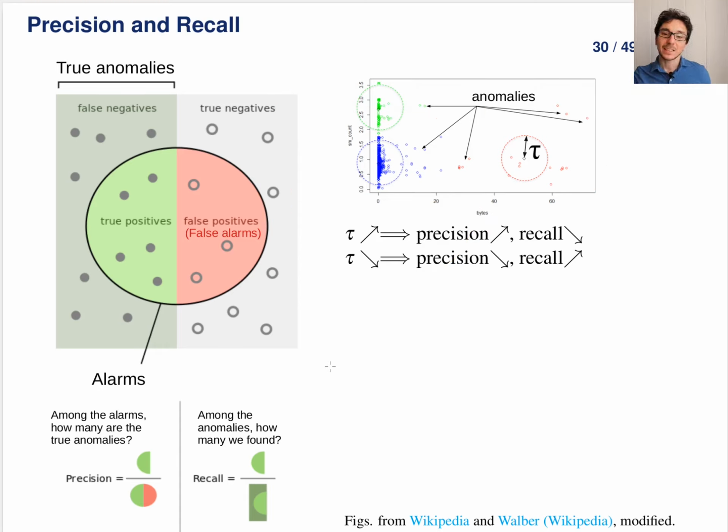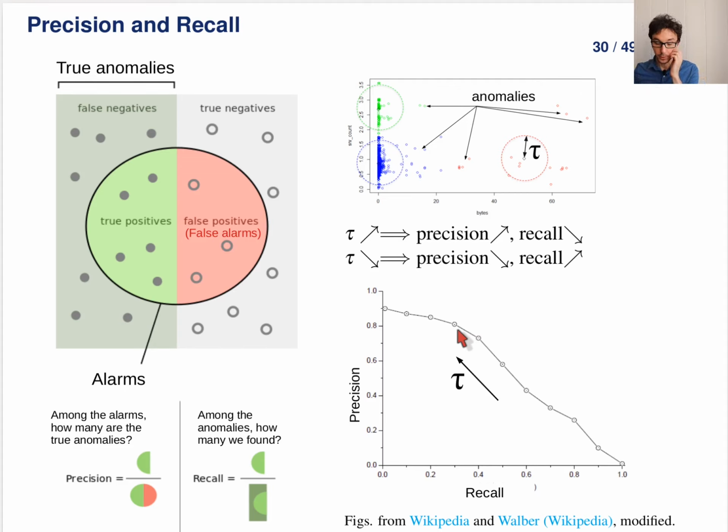So deciding this hyperparameter tau is a difficult task, and there are methods to help you in this decision. One method is to plot the precision recall curve. So we have defined precision and recall, we can plot them varying different values of tau.